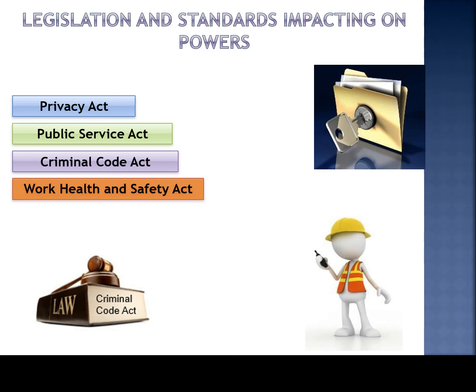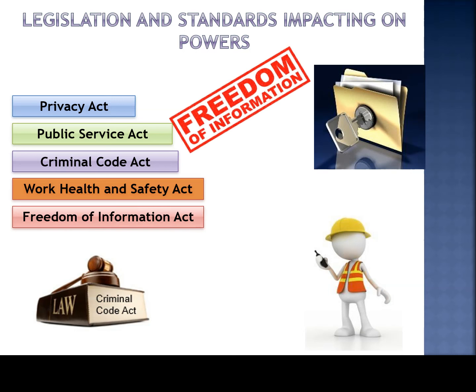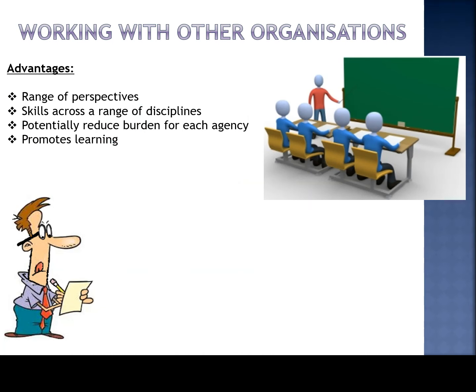And of course, work health and safety. You have to be safe at all times at work. So regardless of our enabling legislation and what powers we have, we still have to act in accordance with work health and safety. And you also might need to consider legislation relating to freedom of information. Working with other jurisdictions, it's advantageous because we usually get a wide range of perspectives, experience and skills.